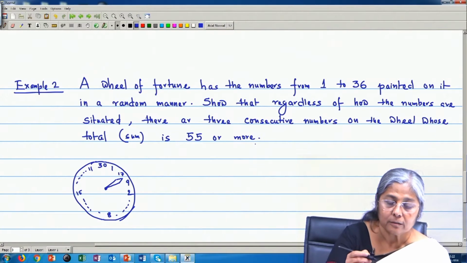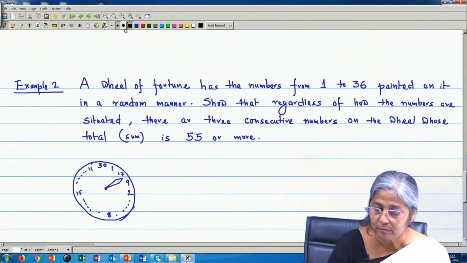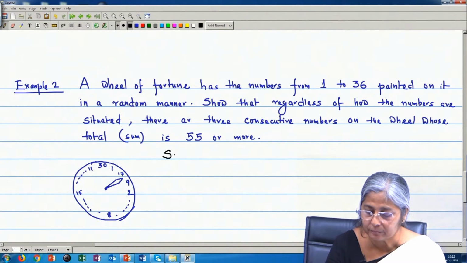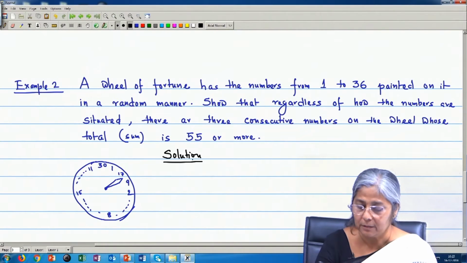Okay. So, the solution. We have 36 integers.